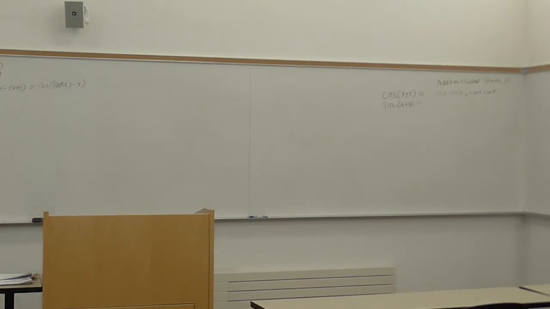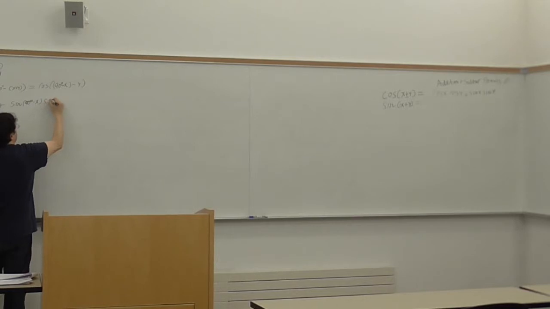But I have a formula for that. Recall cosine of x minus y. I can use that here. So let me go ahead and try that. That's cosine of 90 minus x times cosine of y. And remember now, because this is a minus, for the cosine it's a plus, so I have sine of 90 minus x sine of y.